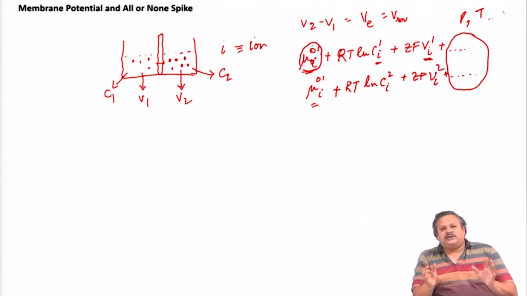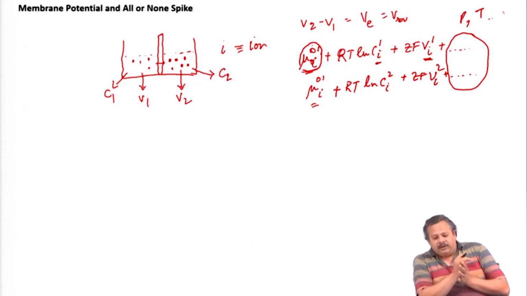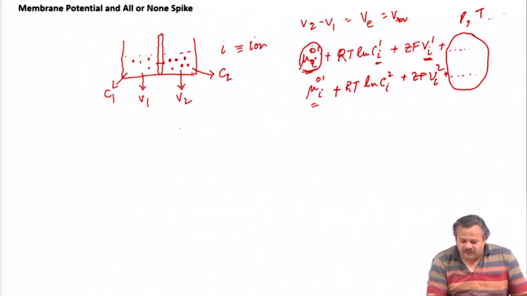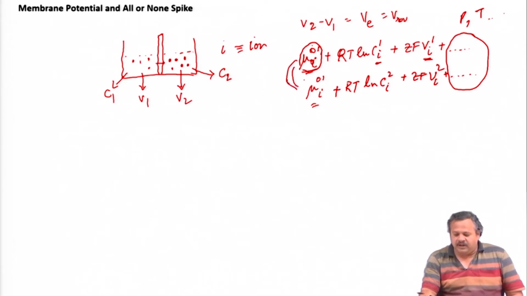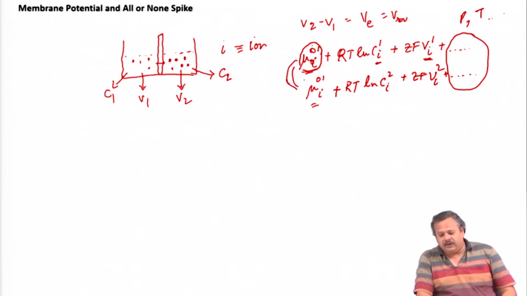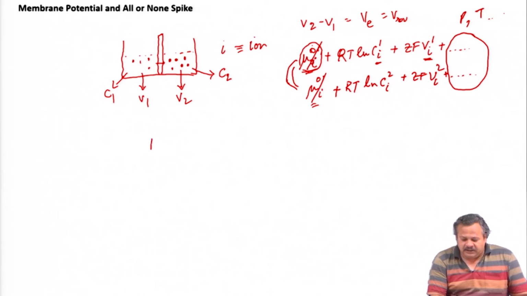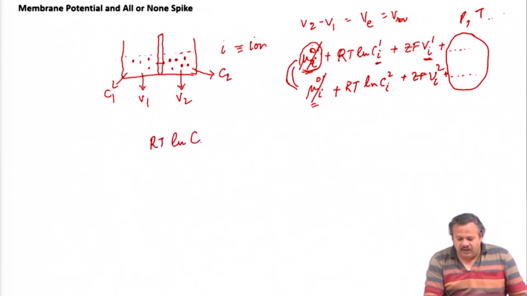So, when the ions on the two sides are at equilibrium, the electrochemical potentials must balance each other out. If we equate the left hand side electrochemical potential to the right hand side electrochemical potential, this mu naught cancels out, and we are essentially left with RT log C1.